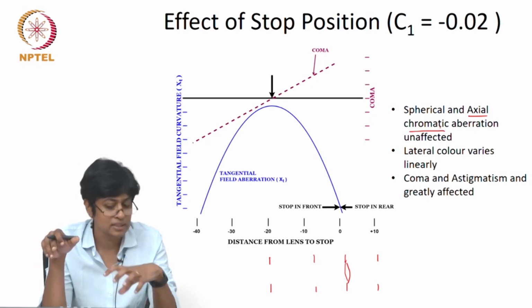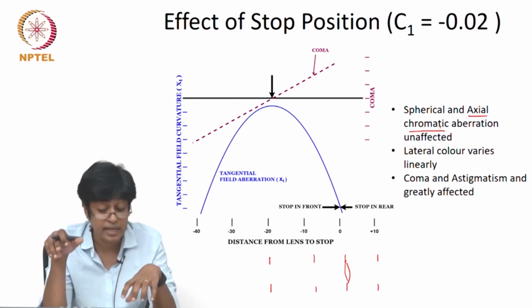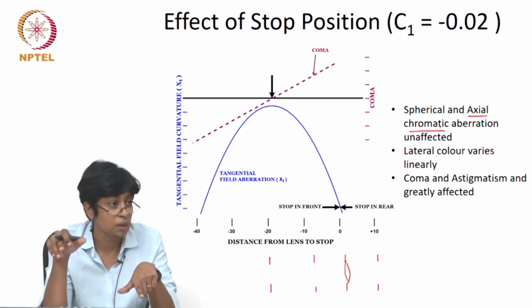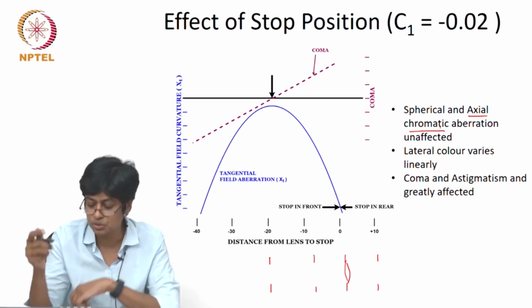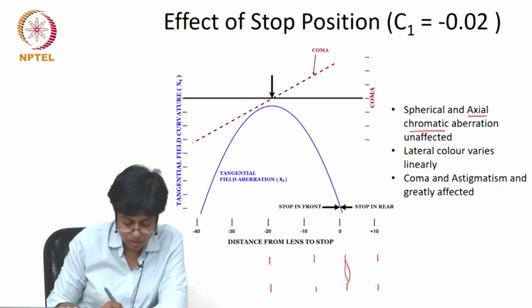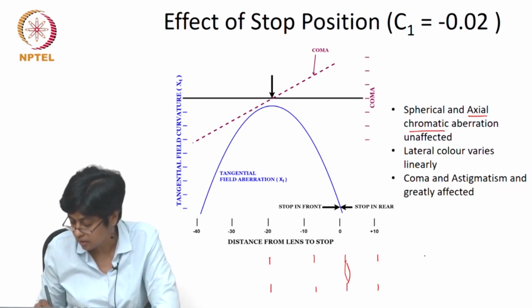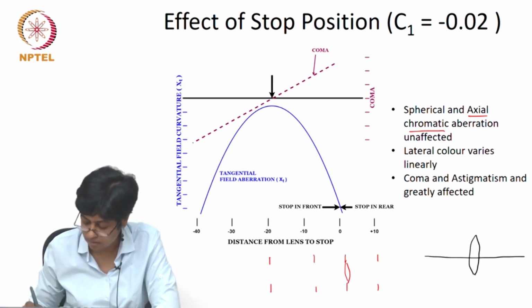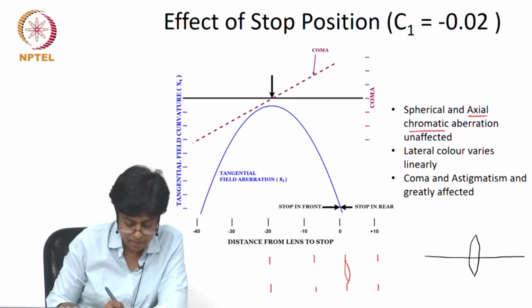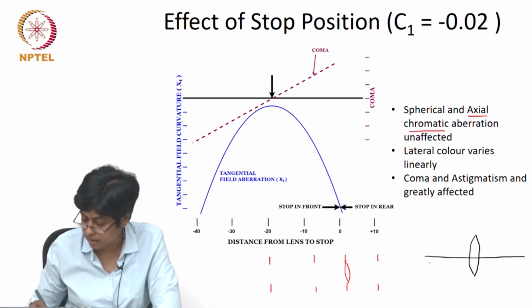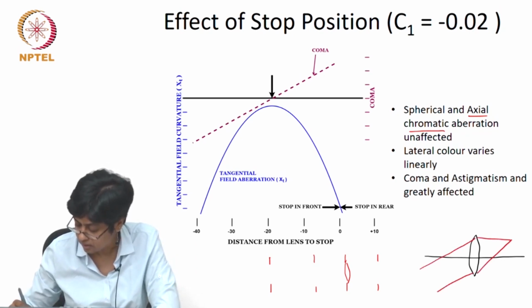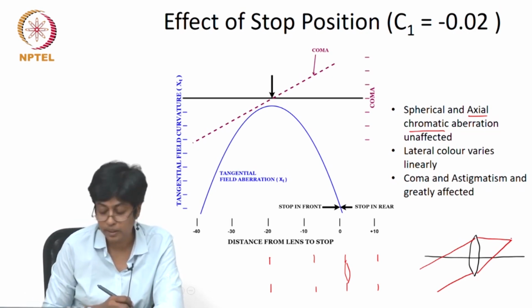So, astigmatism and coma are affected, and you can see they are affected a lot by the location of the stop. It should not be surprising, because say this is my optical axis, this is my lens, and I have rays coming in from an off-axis point. I think I drew something like this in the last class as well.